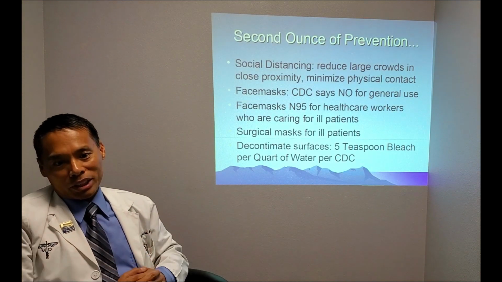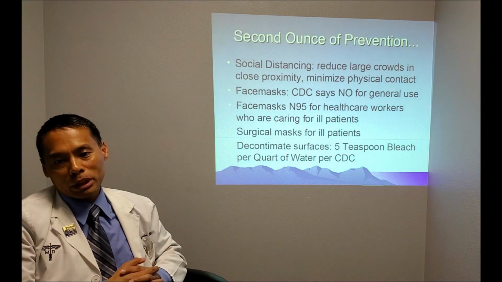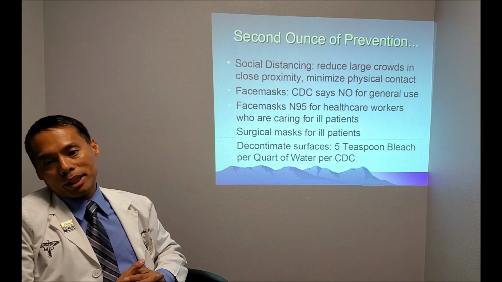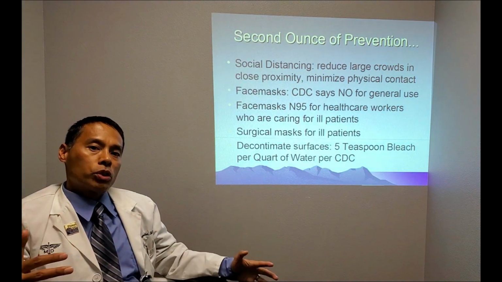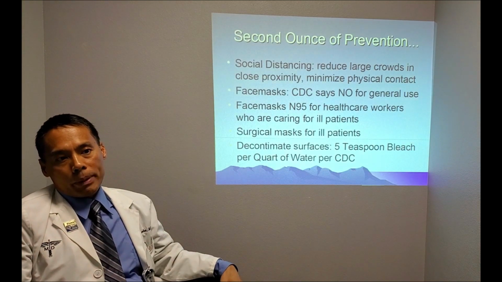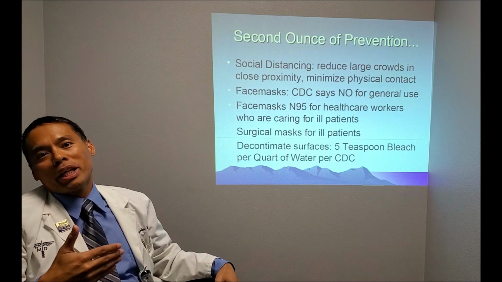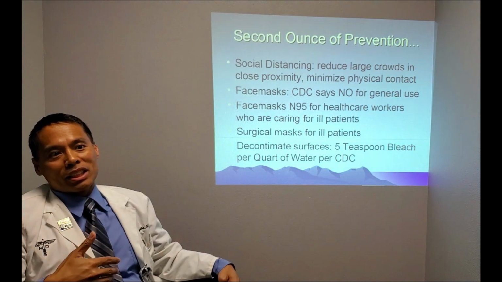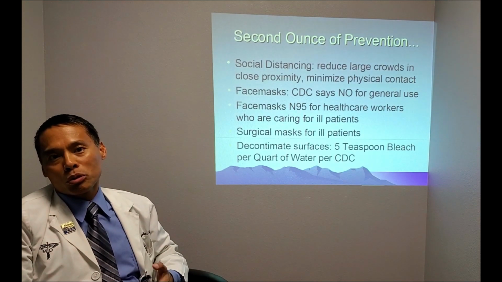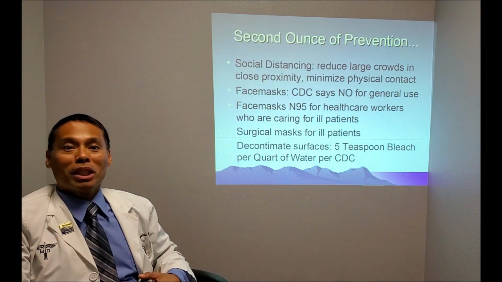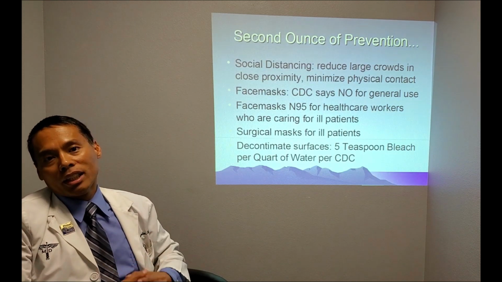Another ounce of prevention: social distancing, one of the buzzwords in the media. So what does that really mean? Essentially, we want to reduce the amount of exposure we have to other individuals. Human nature being human nature, if we made it something that is not mandatory but elective, we're going to have more people that will choose to risk maybe getting the infection or potentially being contagious to others and still go out in public.